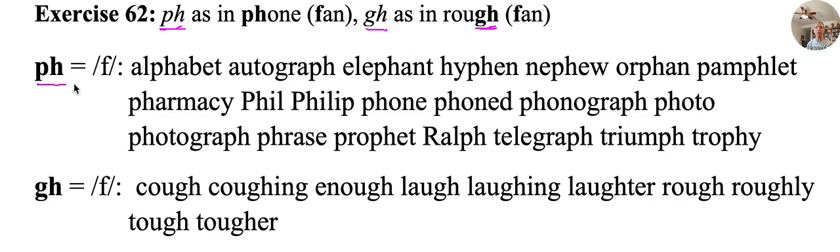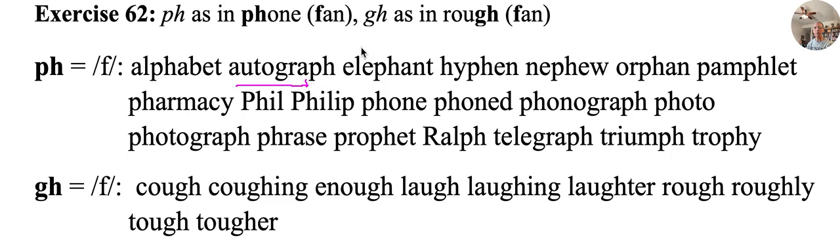We're going to start out with the PH, and the first one is alphabet. Alphabet. The ABCs. The next one is autograph. Autograph. Auto means self and graph means to write. So an autograph is when you write your own name.